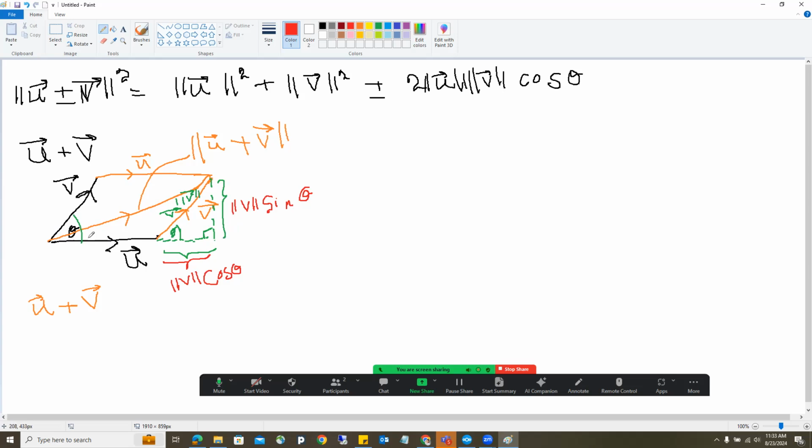Then what we have to do now is consider this entire right angle triangle and apply the Pythagoras theorem to that one.